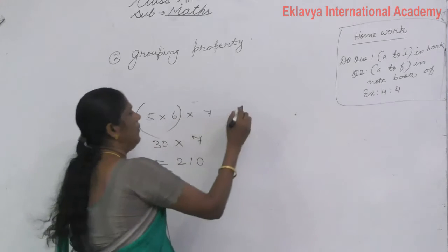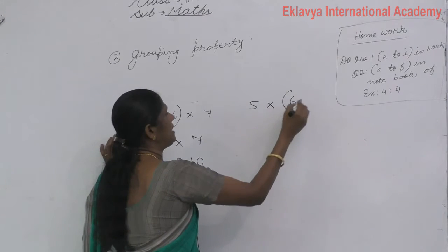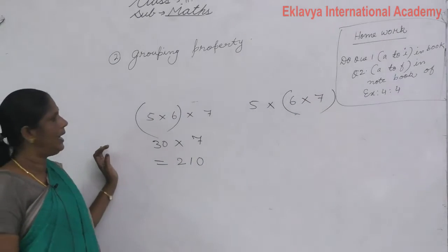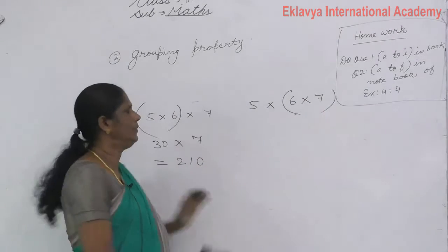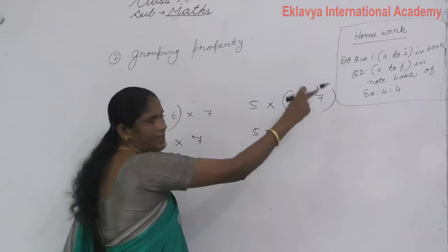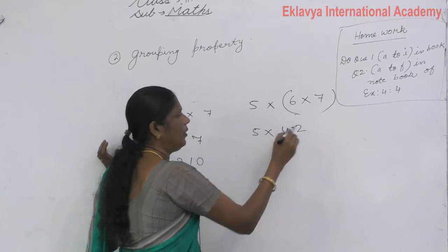Next, 5 multiply, then I group 6 multiply 7. I change the group. Then 6 times 7 is 42.